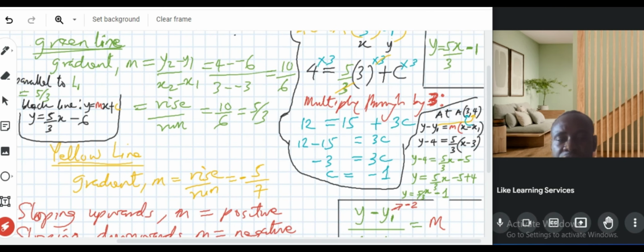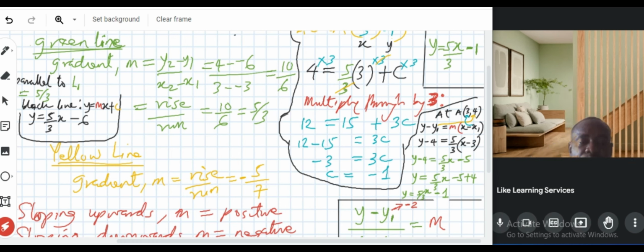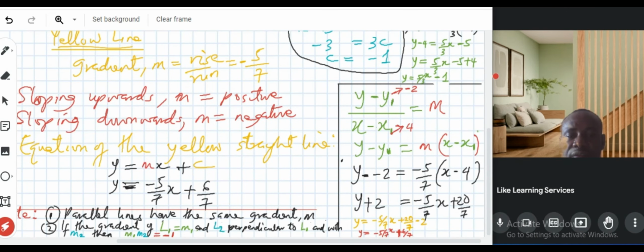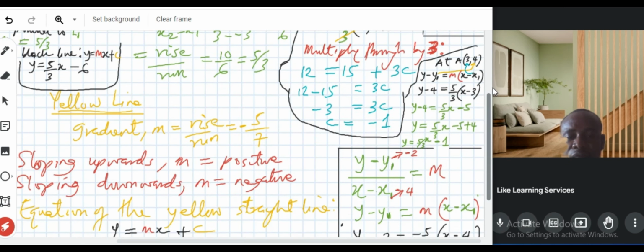Okay, if we know the intercept, we can use the value of the intercept to get the equation of the line. We can find the equation of the straight line if we have the intercept.